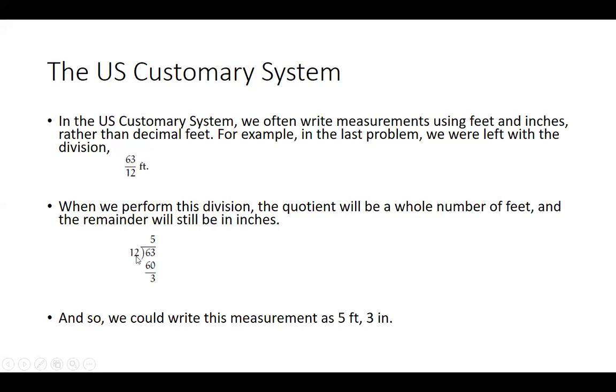So 63 divided by 12, 12 goes into 63 5 times. Multiply around the corner. 5 times 12 is 60. Subtract: 63 minus 60 is 3. The 5 is now in feet, but the leftover 3 is still in inches. So we could write this measurement as 5 feet, 3 inches.